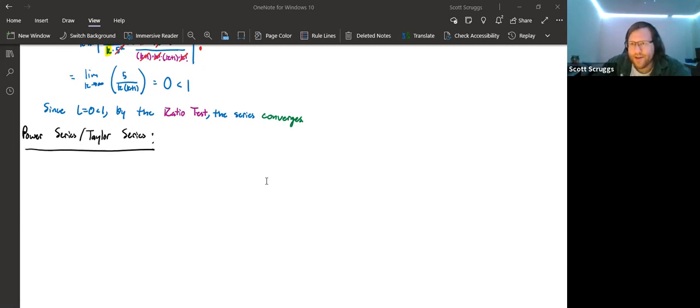Power series and Taylor series. For a power series, keep in mind that it is a series that is always in this form, where I have some coefficient dependent on the index of the series, and then x minus a to the k power.